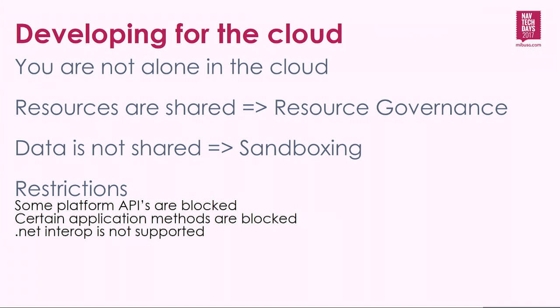We are considering how to introduce them in another form, but for now they are blocked. And similarly, there are parts of the application which merely wrap .NET Interop, for instance, and some of those code units are potentially unsafe, so we had to block those as well.